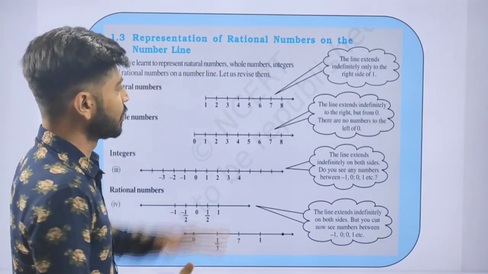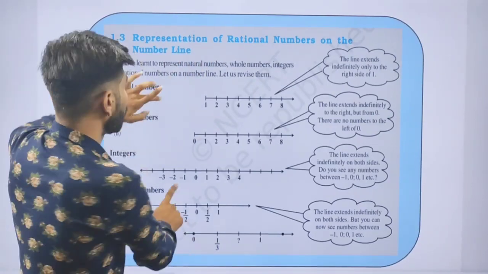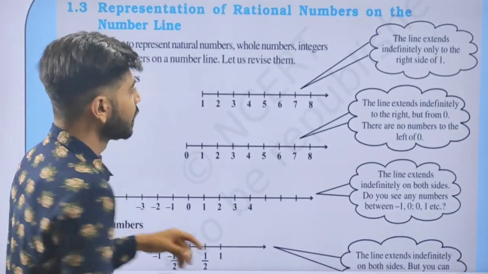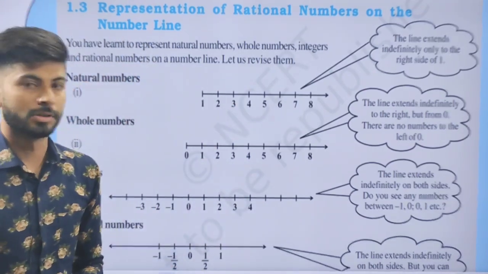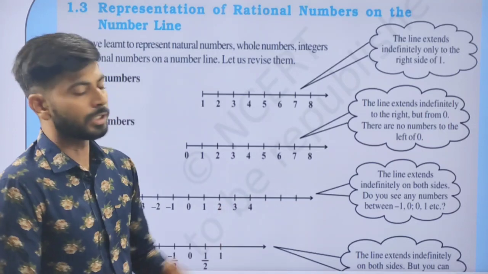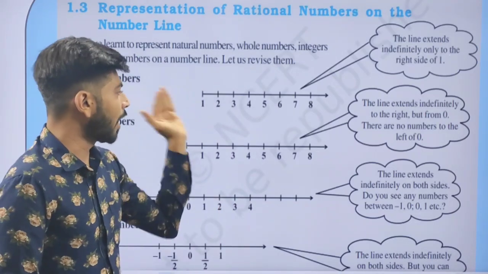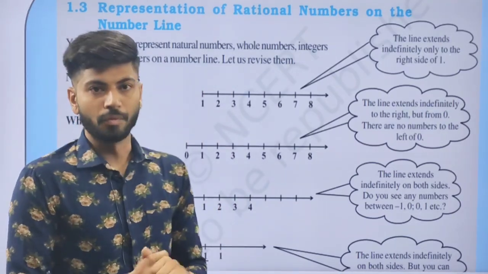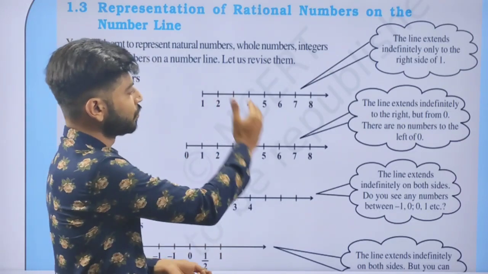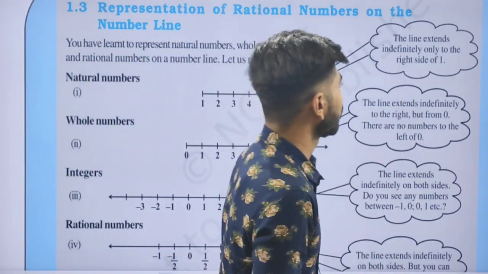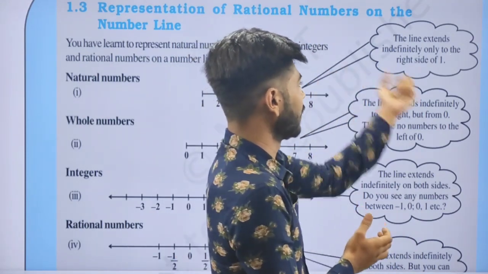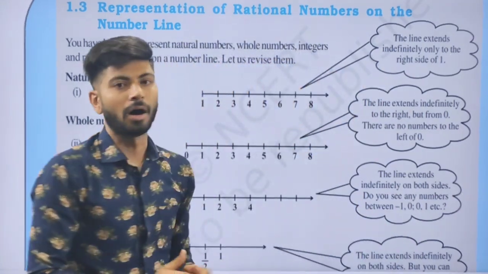First of all, let's revise this. You can see the number line is there and these are the natural numbers. So how to put the natural numbers on the number line? We start natural numbers from 1 and then we put 2, 3, 4, 5 up to infinity. The line extends indefinitely only to the right side of the 1.